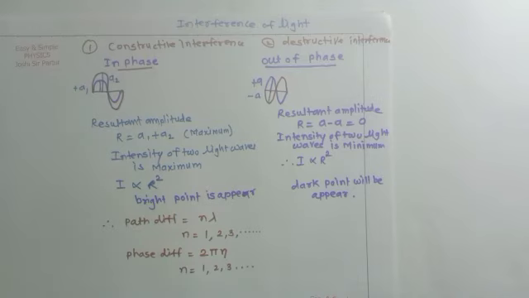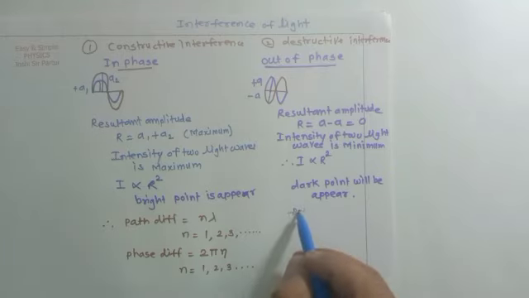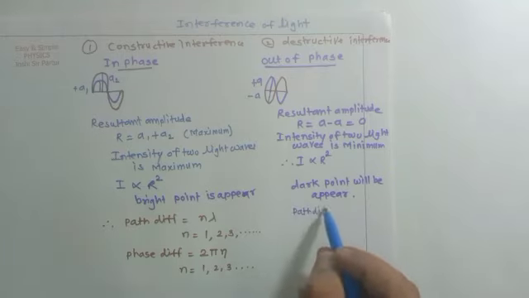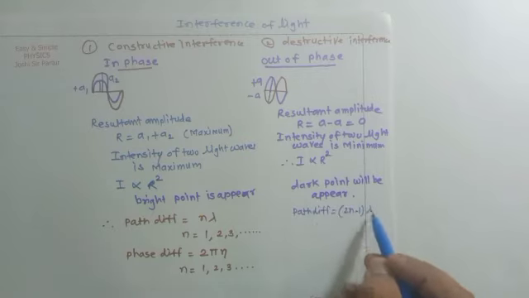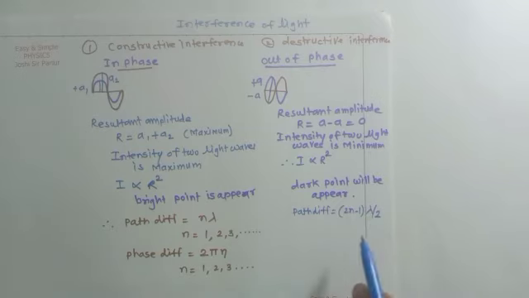Whereas in destructive interference, when path difference is an odd integral multiple of half the wavelength, that is (2n minus 1) into lambda upon 2, n is equal to 1, 2, 3 and so on, then the point appears as dark.